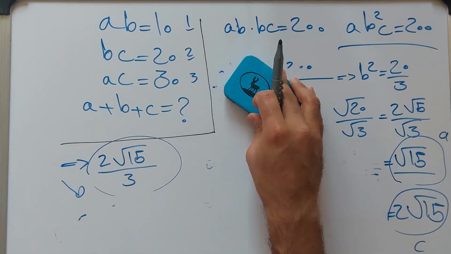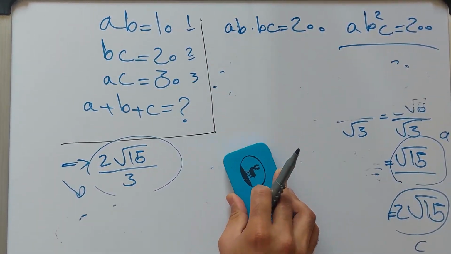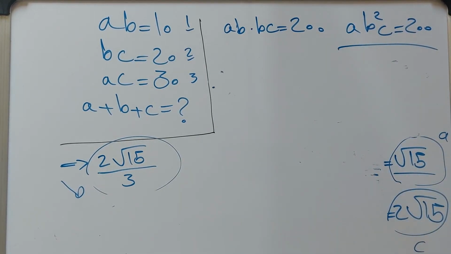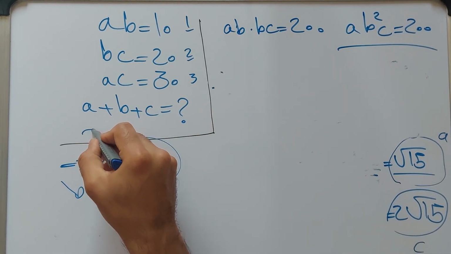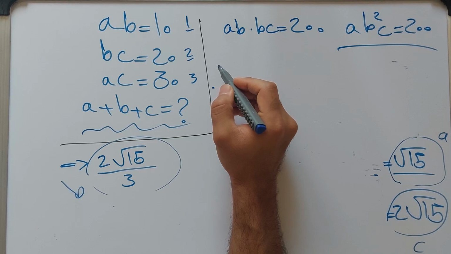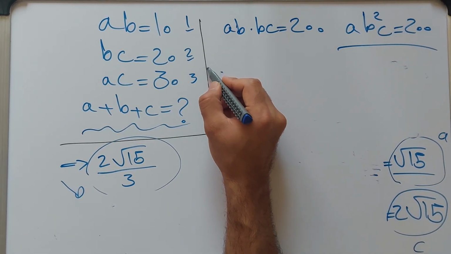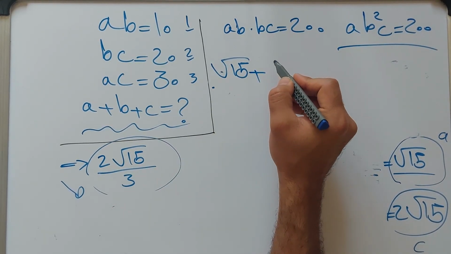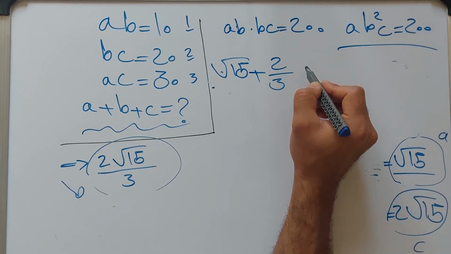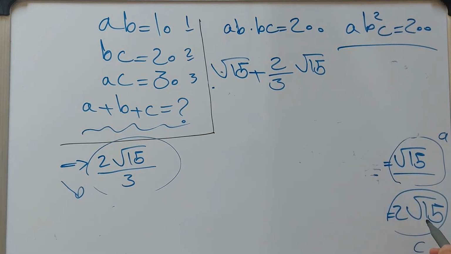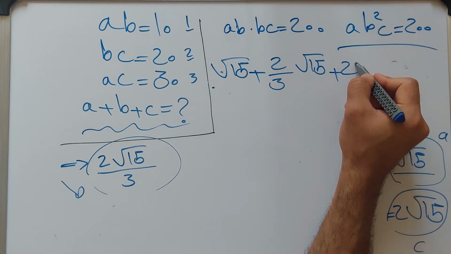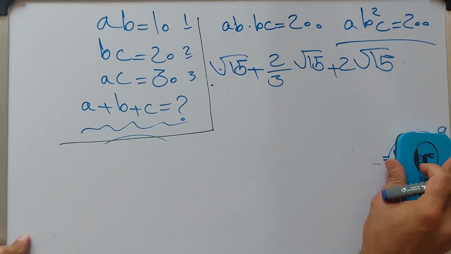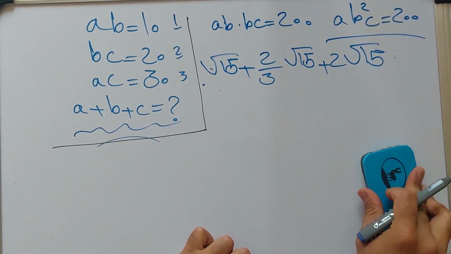Okay, so the final step of our mission is A plus B plus C, which is square root of 15, plus B, which is 2/3 square root of 15, plus C, which is 2 square root of 15.